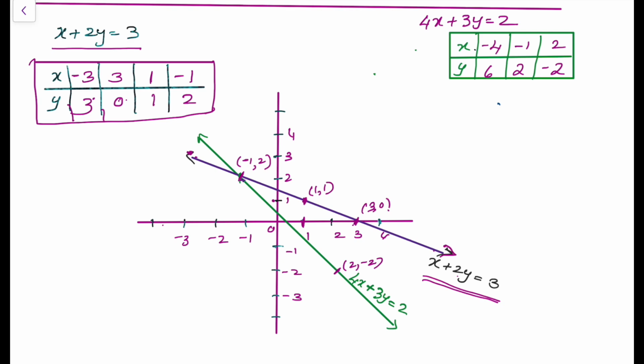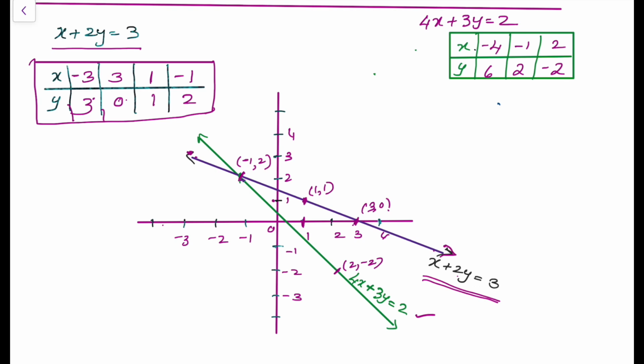Now you will plot those points, then join the points, and you will get a straight line. Next to the line, you write the equation 4x plus 3y equal to 2. Now if you see, the intersecting point will be minus 1, 2. So that is the solution of these two equations.